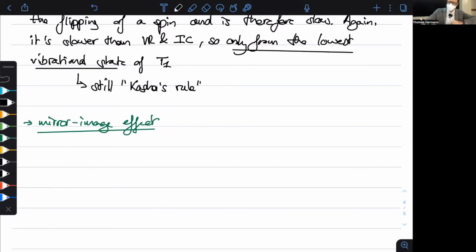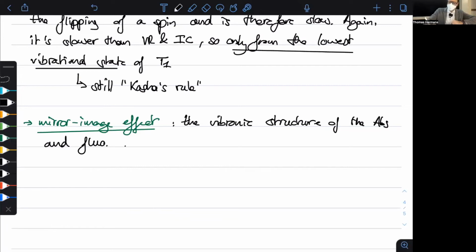It means that the vibronic structure of the absorption and fluorescence spectra look like mirror images.